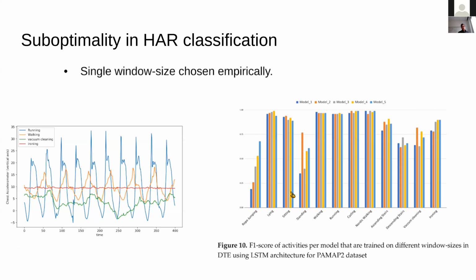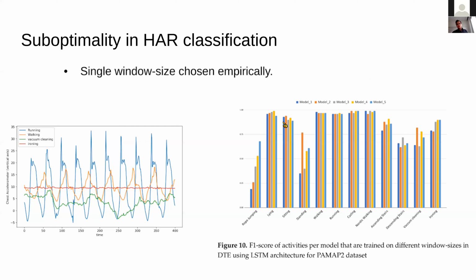We trained 5 different models with 5 different time windows. As we can see, each of these models performs differently on different activities, which further consolidates the fact that the time period with which we extract the temporal sequences to train a particular model is very vital and heavily dependent on the activities being performed.